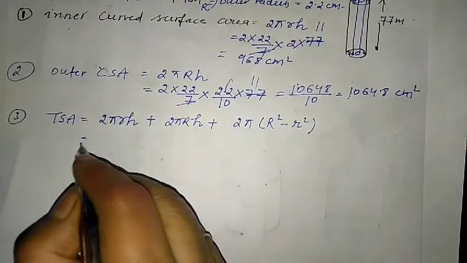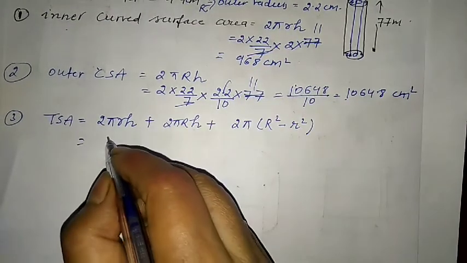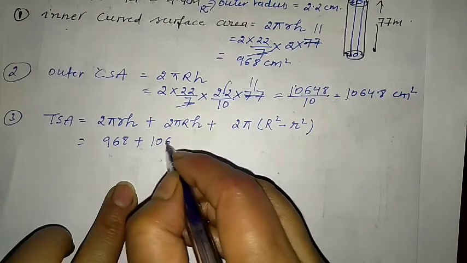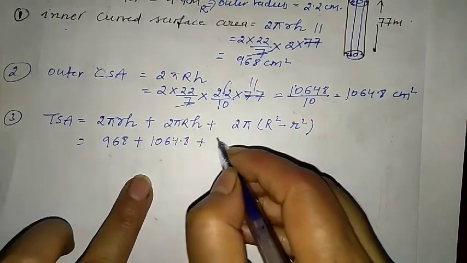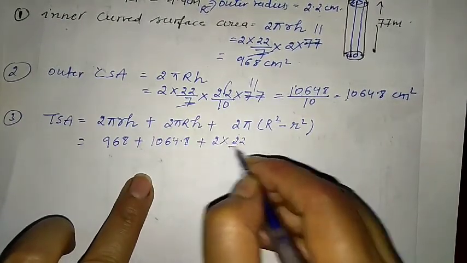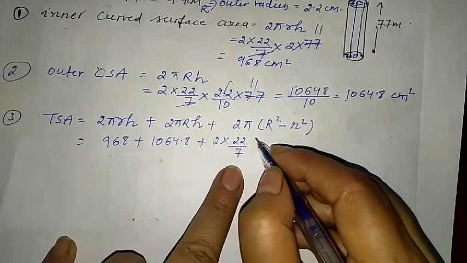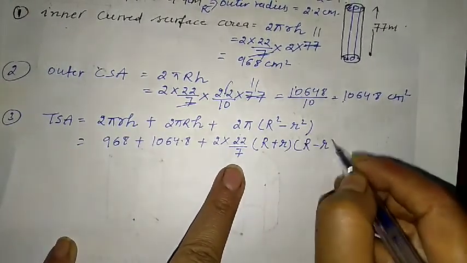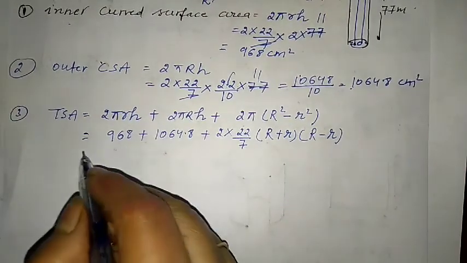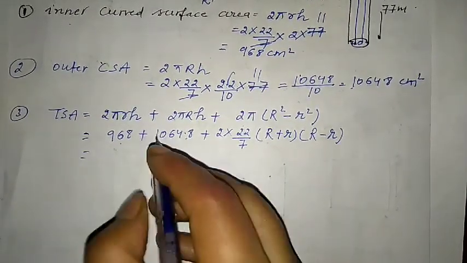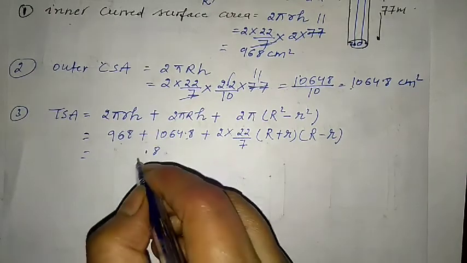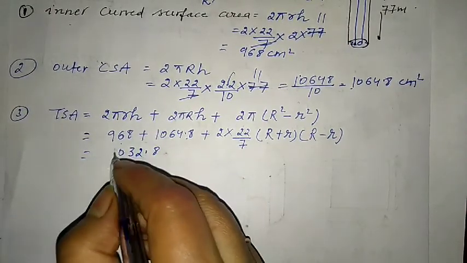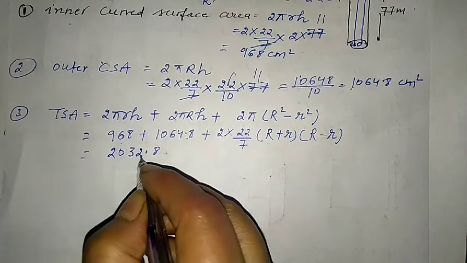Okay, so this 2 pi R H we directly have as 968, this we directly have as 1064.8, plus 2 into 22 upon 7, this we can write as R plus r and R minus r. If we add these two, we have 2032.8.